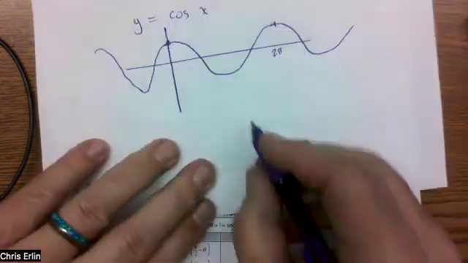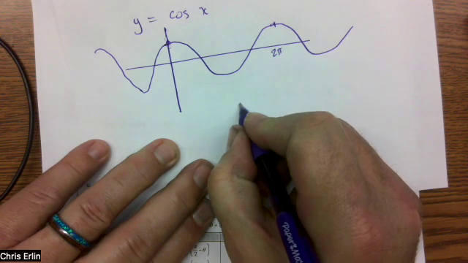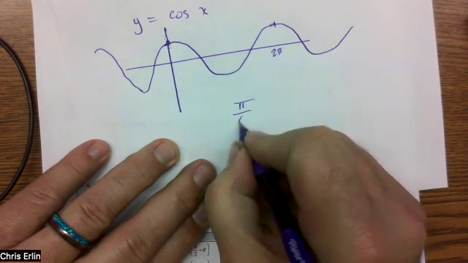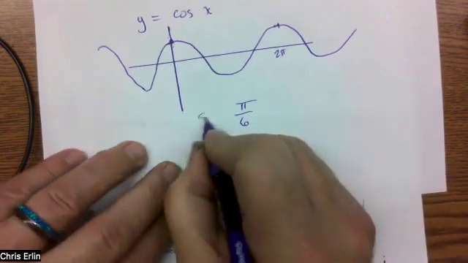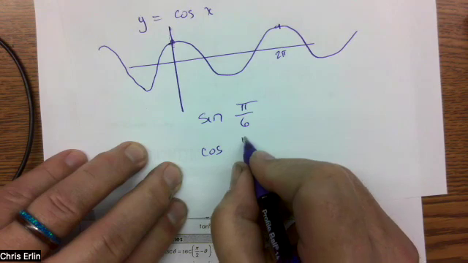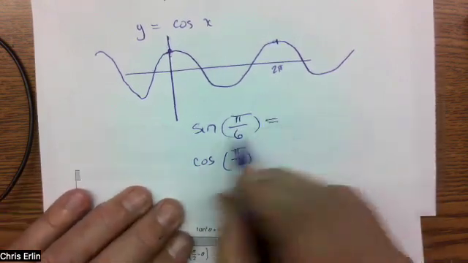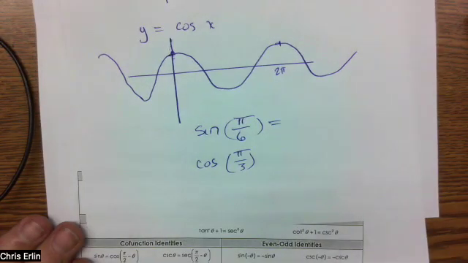But here's something of interest. Let's say that I look at pi over 6, and I want to compare the sine of pi over 6 to the cosine of pi over 3. Look on your unit circles, please, and find the sine of pi over 6.